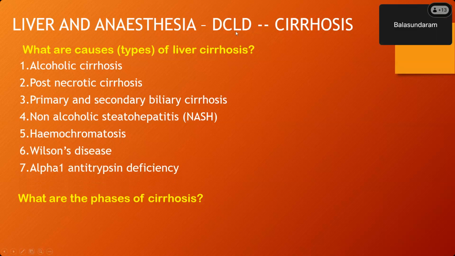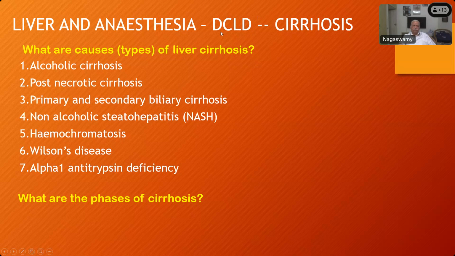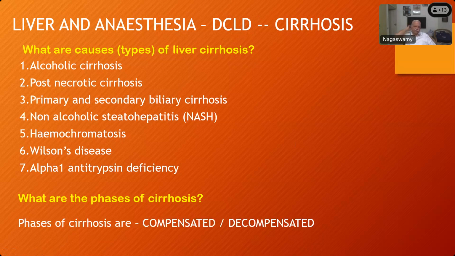The clue for this question, the answer for this question, is in this acronym, PCLD. You said decompensated liver disease. So what should be the other one? Compensated liver disease.